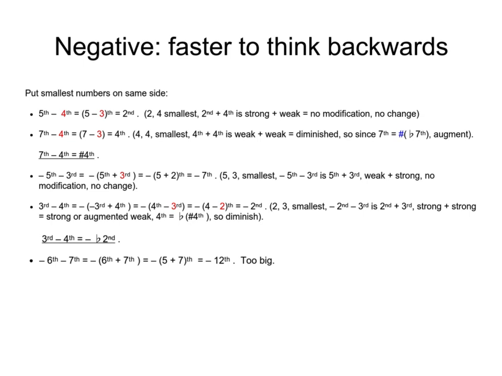Since the fourth is weak and is not augmented when the answer needs to be augmented, it is a diminished version of what it was supposed to be. In order to get that diminished version, we need to diminish the answer we got. So the answer is a diminished second. We have to diminish it because what we have for the fourth is a diminished version of what we're supposed to get, which was the augmented fourth.